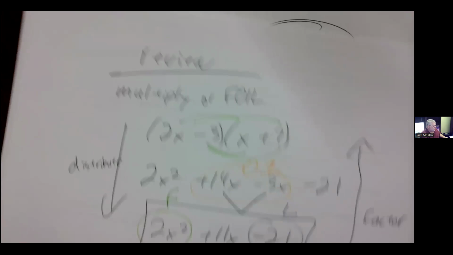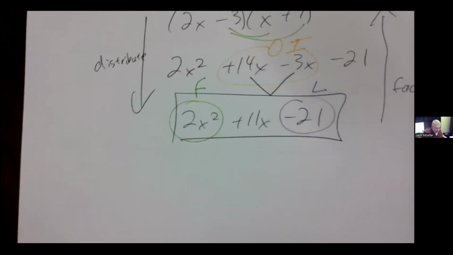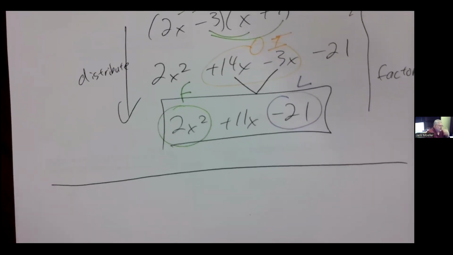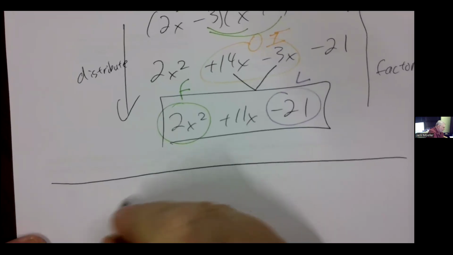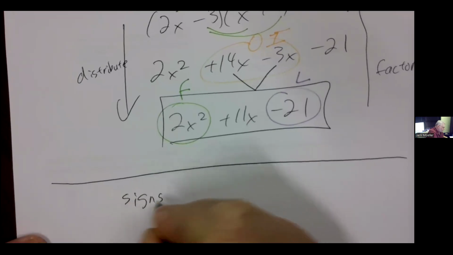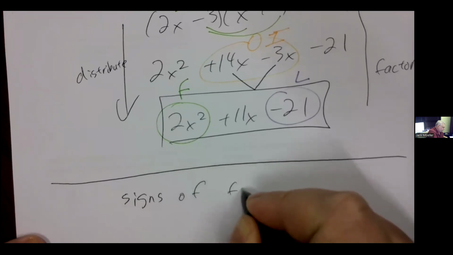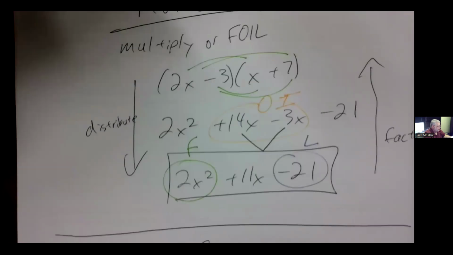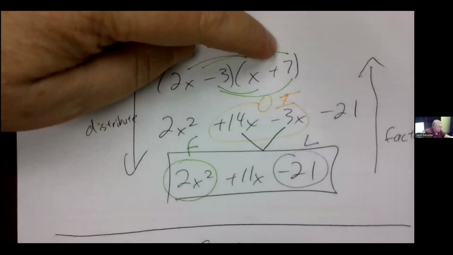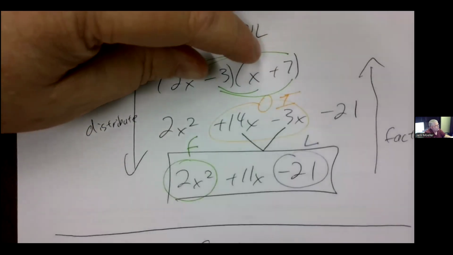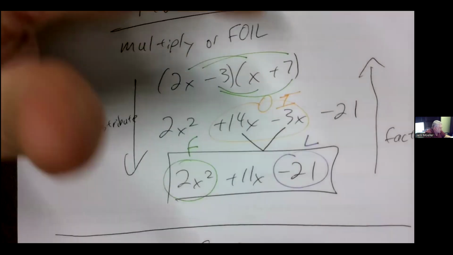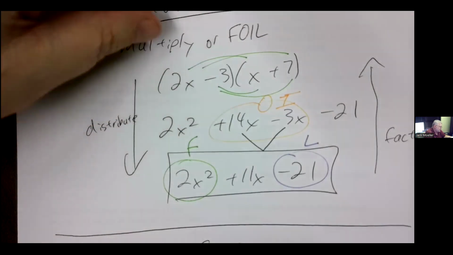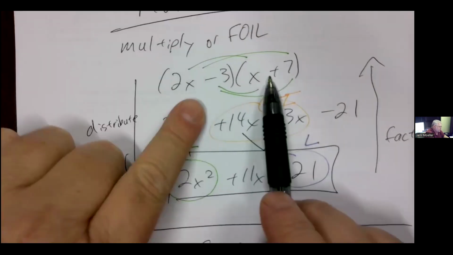Okay. The other thing on this before we get into the actual process is the signs of your factors. One of the things that I see a lot of times with students is they'll be working on the numbers and struggle and it never works. And often when that happens, it's not because of the numbers, it's because of these signs.